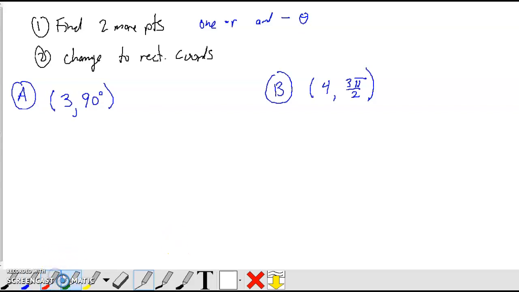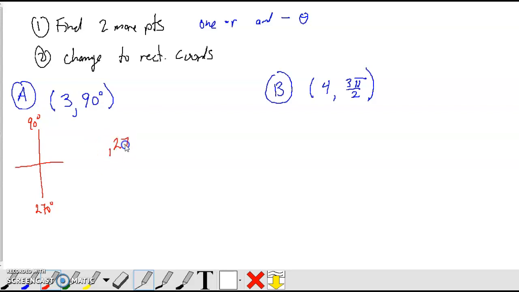All right, so coming back, I need to find 2 points. I'm going to find my 2 points in red. Again, I want to make a quick little sketch. If I know that that's 90 degrees, for the negative r value, this is going to be 270. So I'm going to go in the opposite direction.